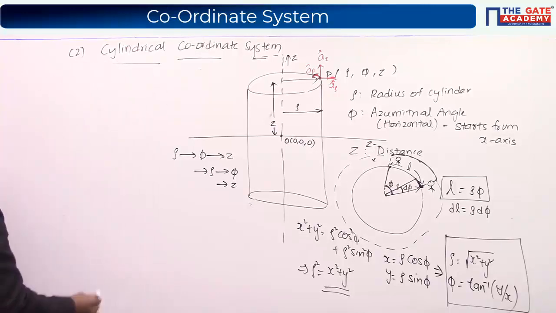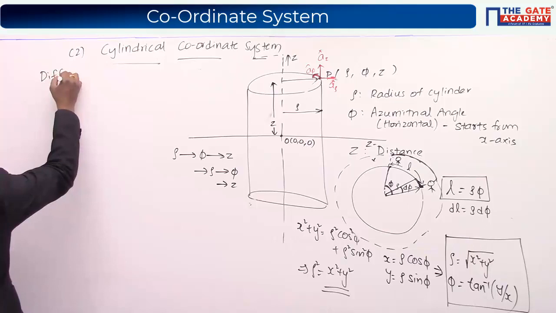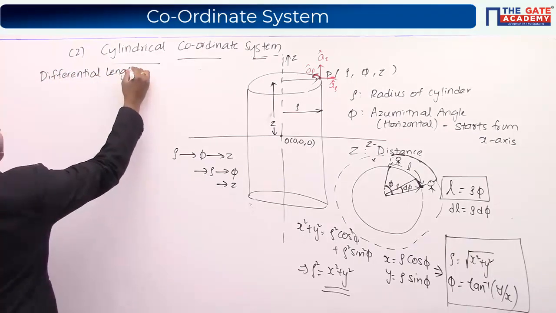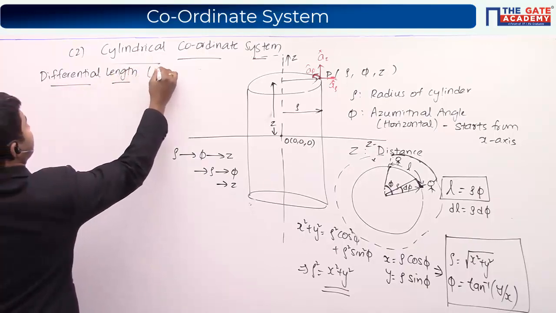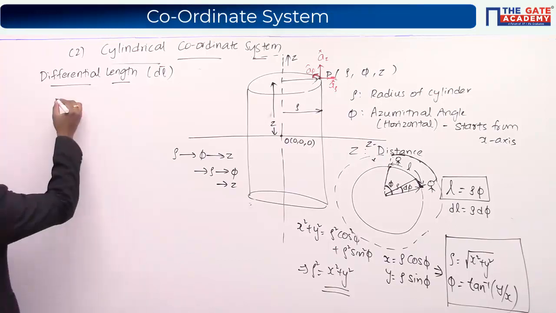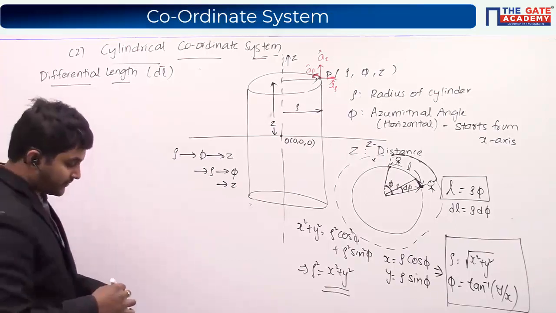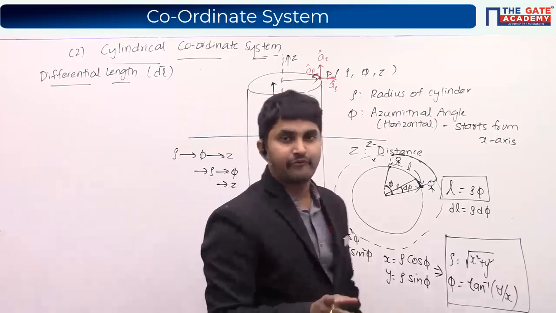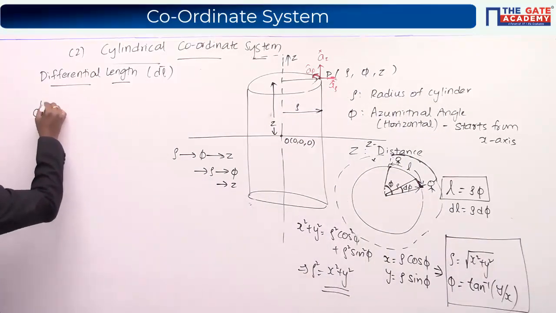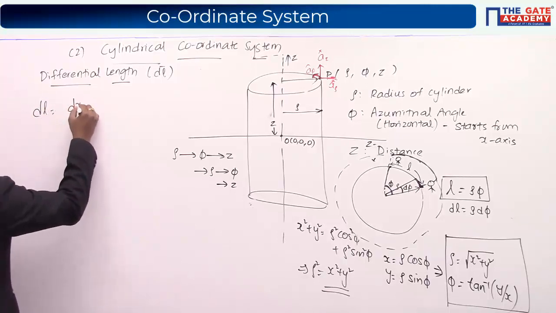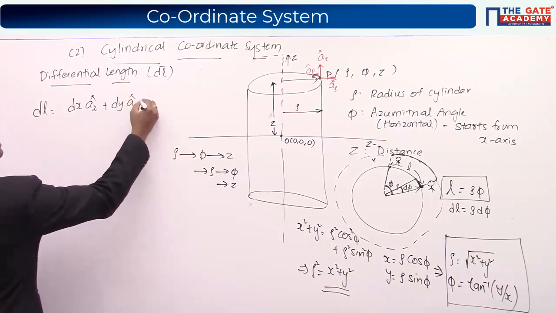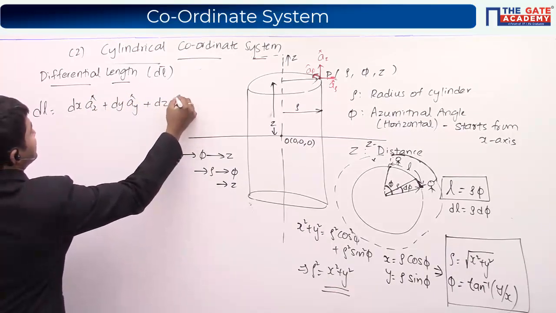So let us come to differential length. If you remember what we have learned in the Cartesian coordinate system, when we defined the differential length, we have written it as what? The change in x direction, change in y direction, change in z direction.